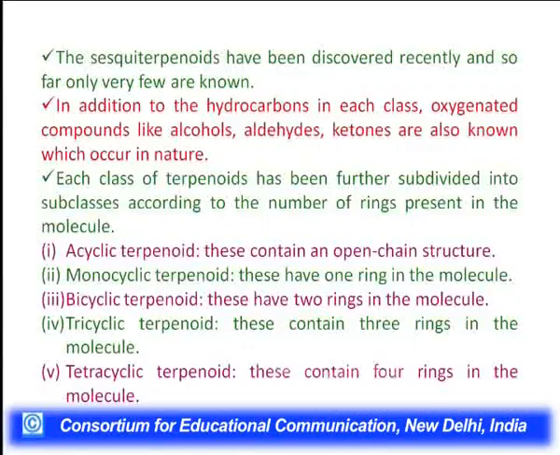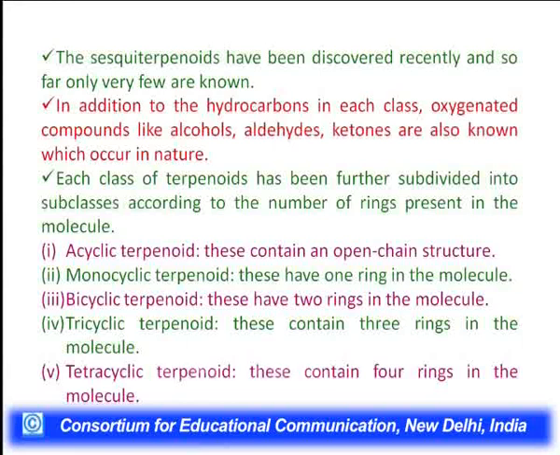The sesquiterpenoids have been discovered recently and so far only very few are known. In addition to the hydrocarbons, in each class, oxygenated compounds like alcohols, aldehydes and ketones are also known which occur in nature. And each class of these terpenoids has been further subdivided into subclasses according to the number of rings present in the molecule. If they have an open chain structure, they will be classified as acyclic terpenoids.